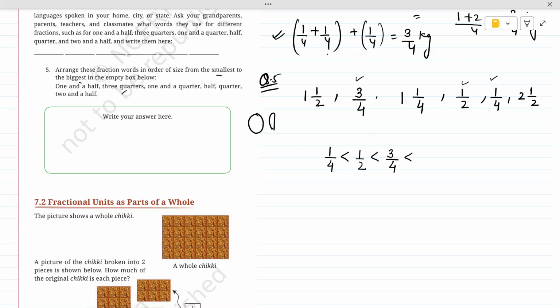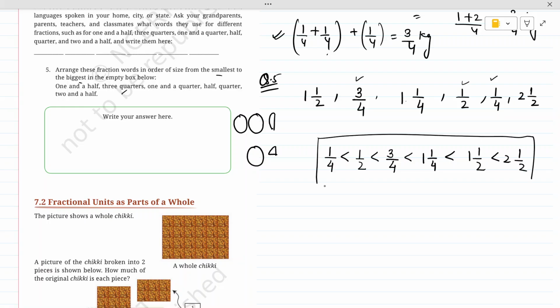And when we say 1 and 1 by 4, this is 1 and this 1 by 4. So clearly we can see this is smaller. 1 and 1 by 4 will come here. Next we will have 1 and 1 by 2 and then 2 and a half. So this is how we can arrange them in ascending order from smallest to biggest.